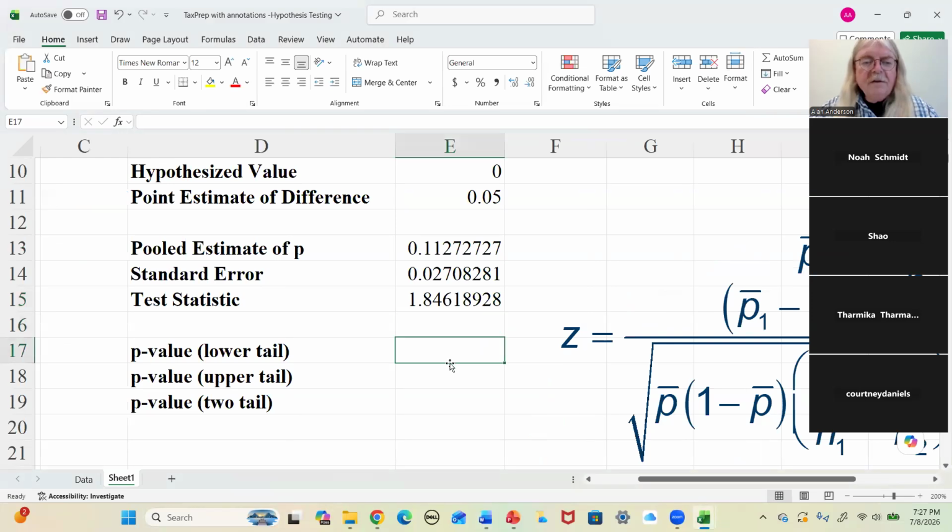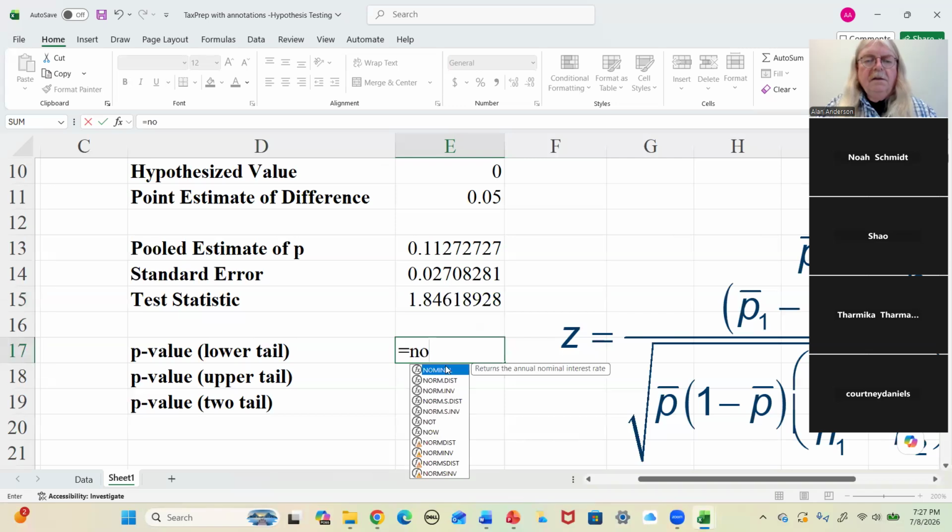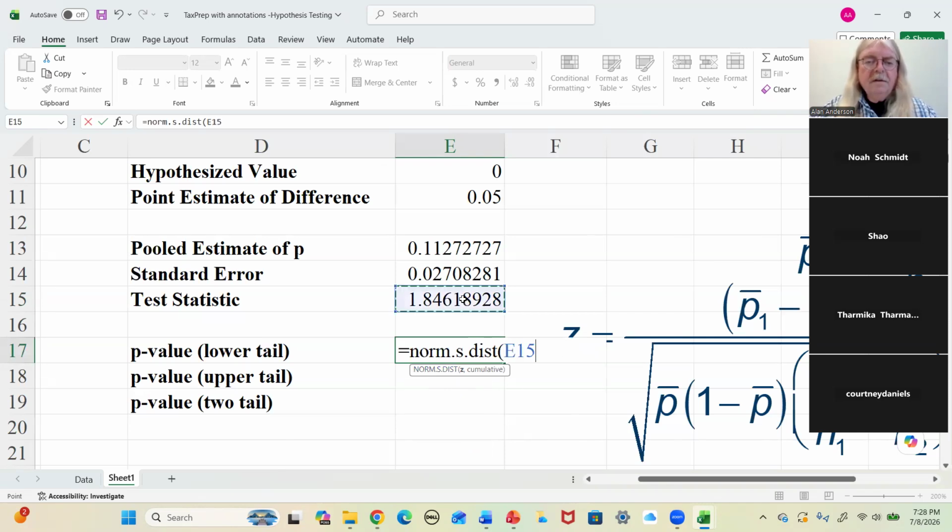Now for the p-values, for the left tail, norm.s.dist, we're going to calculate the probability of being less than the test statistic. So you'll put E15, comma, 1 for cumulative.